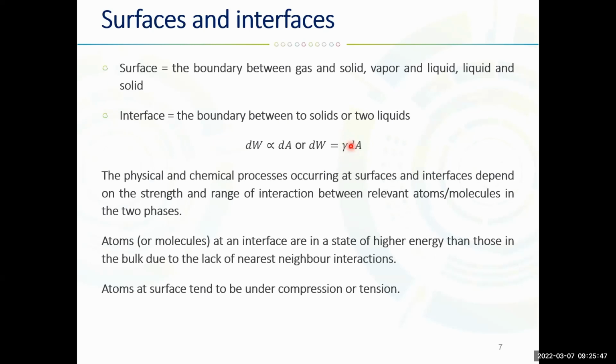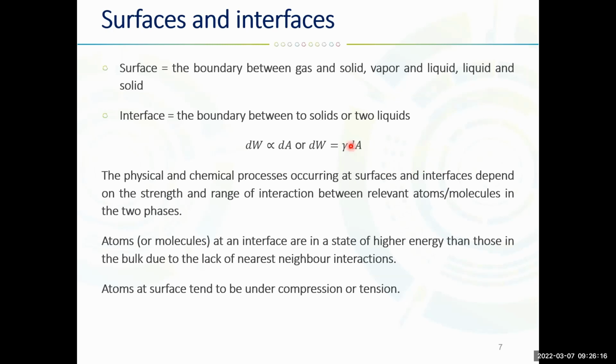And this parameter gamma is like a restoring force that resists the increase of the area, and it is equal to the surface tension if you're dealing with liquid surface interfaces. This is basically what Young suggested.